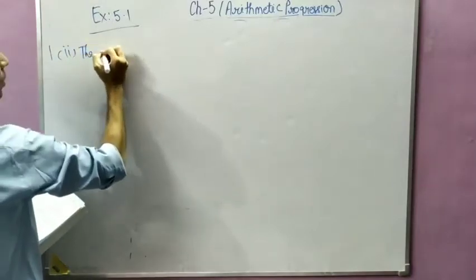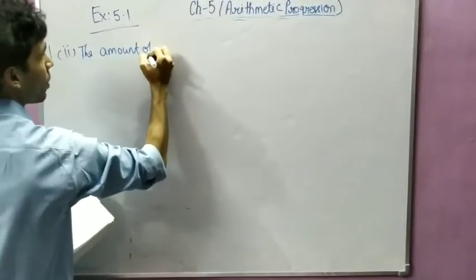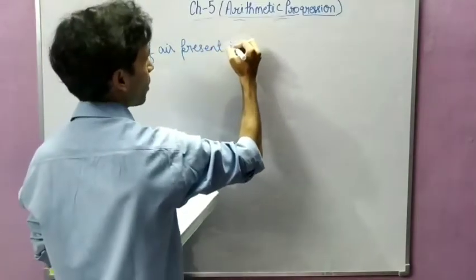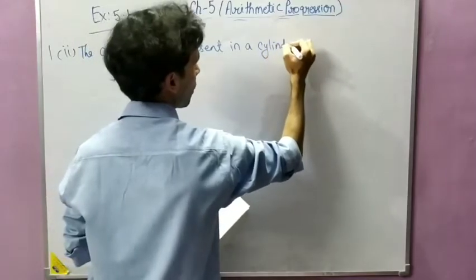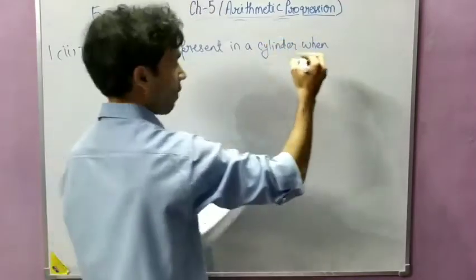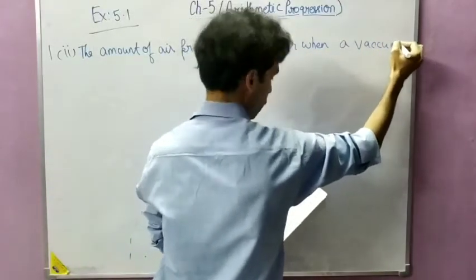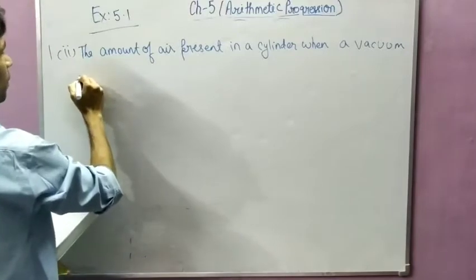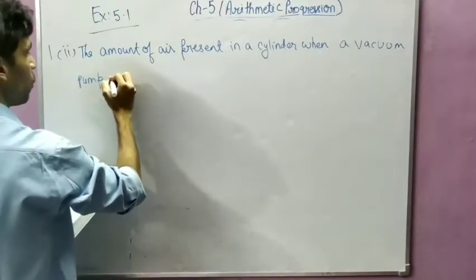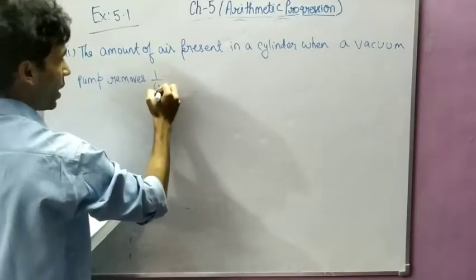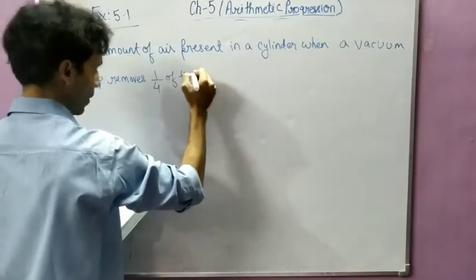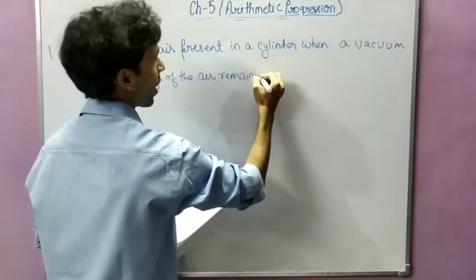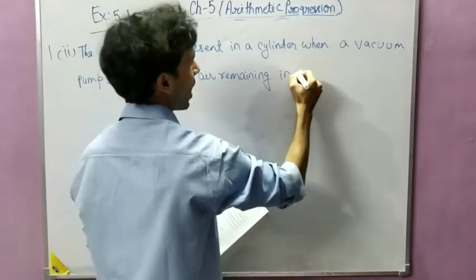The amount of air present in a cylinder when a vacuum pump removes 1/4 of the air remaining in the cylinder at a time.